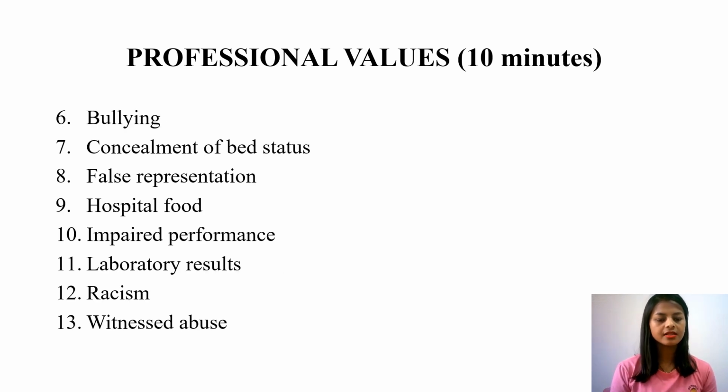Again, these scenarios were added in September 2022. So if you are going to take the exam now, you might get one of these scenarios: viewing, concealment of bed status, false representation, hospital food, impaired performance, laboratory result, racism, witnessed abuse.